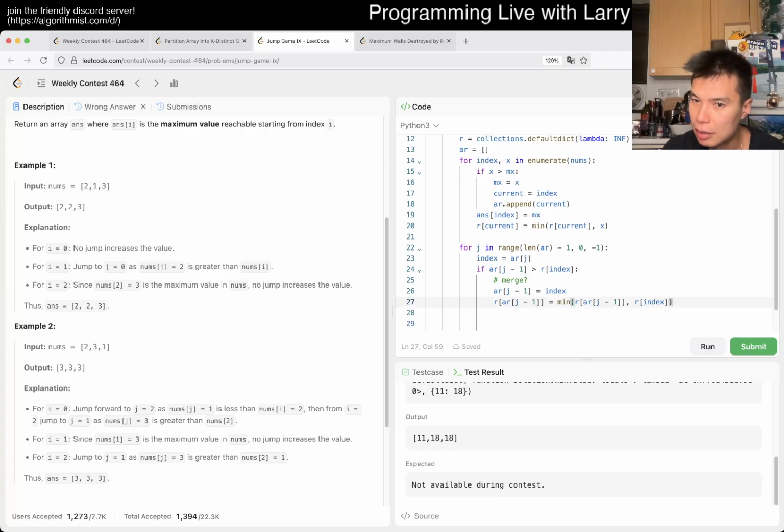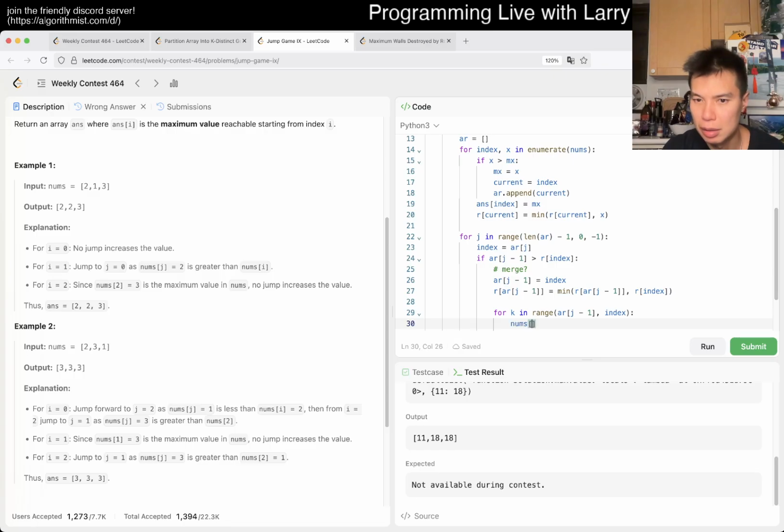And I mean, we could do a linear loop. I think it's fine. It amortizes from that index all the way to this index, right?